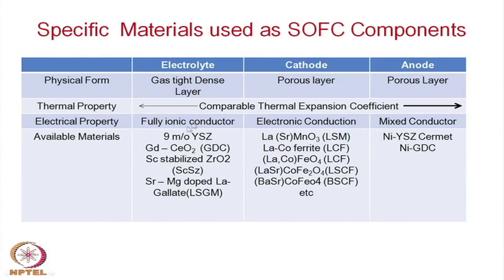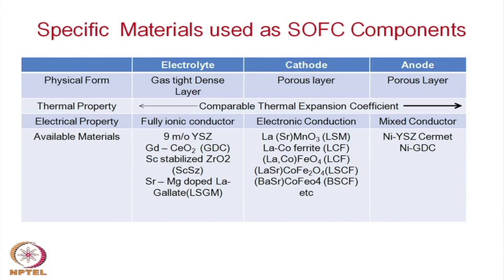Thermal property: because the electrolyte, cathode and the anode are sandwiched together, they form basically a monolithic structure. So, their thermal expansion coefficients must match, otherwise there will be cracks and bending, and the whole system will not be stable, because they are operating at a high temperature.